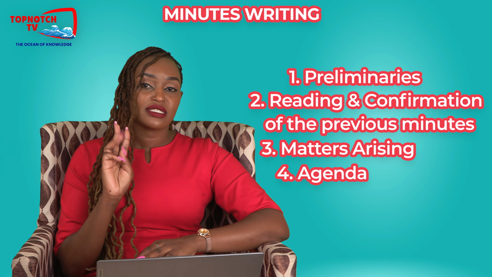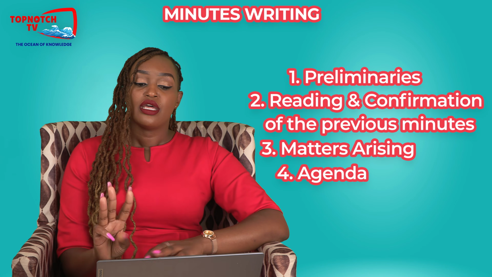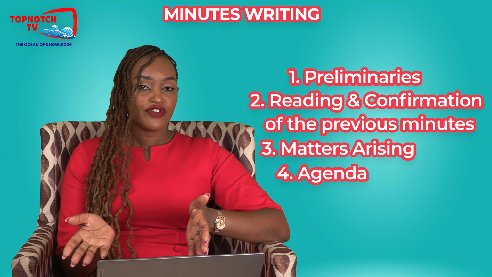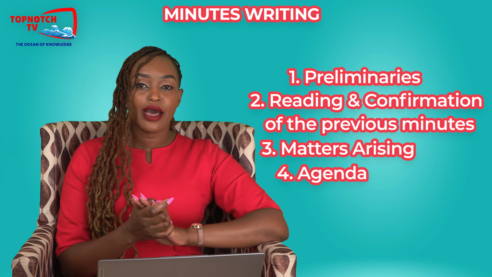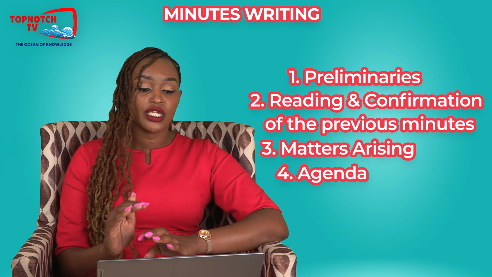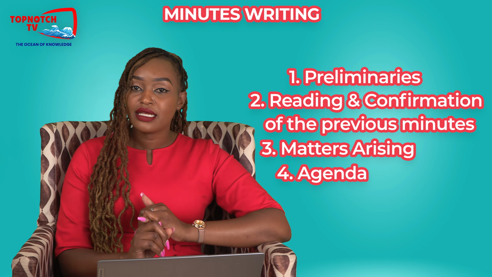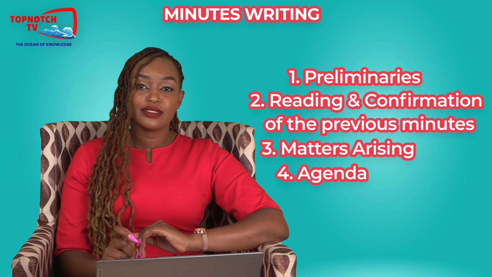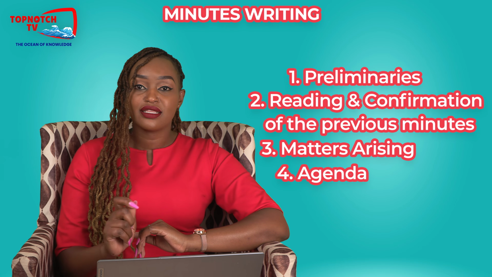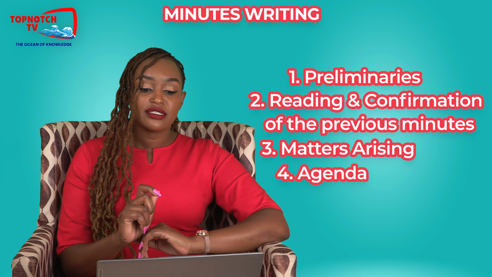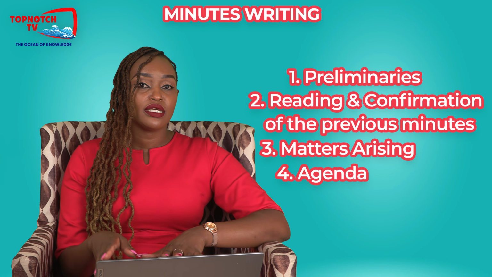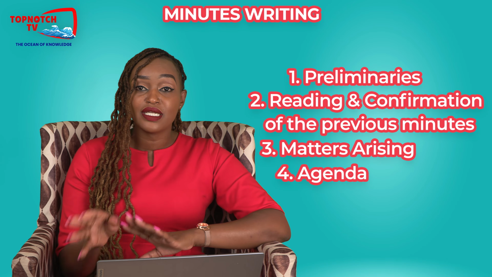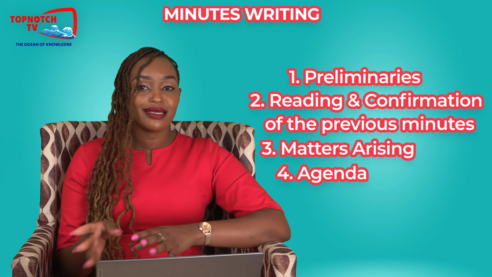So in this case, you have discussed three issues. These issues are in the agenda. More often than not, in the questions that we have, you'll find that the examiner will actually notify you, discuss A, B, C, D. So as a marking point, as the examiner is marking your work, they'll be looking at the items. So assuming that in this question you have been asked, write minutes of a class teachers meeting that happened on a certain day.